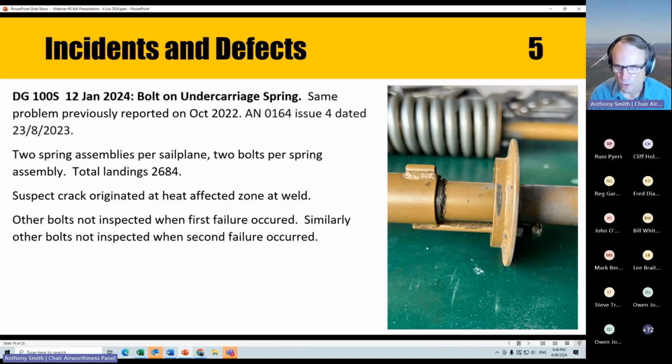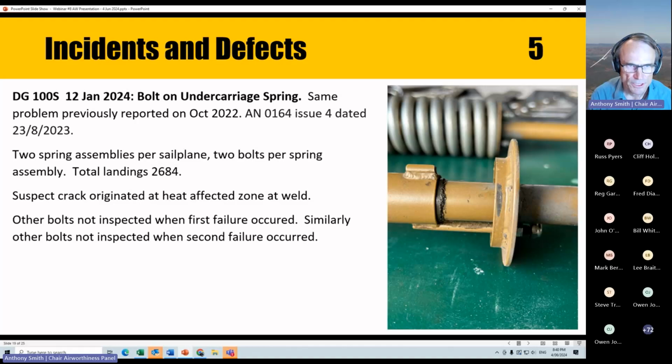Now, without being too critical, I understand that the aircraft is the club trainer. It's a popular aircraft, and the clubs don't want to have this out of the air for any length of time. But at the time they found the problem, they went and got the repair carried out, but they didn't inspect the other bolts.